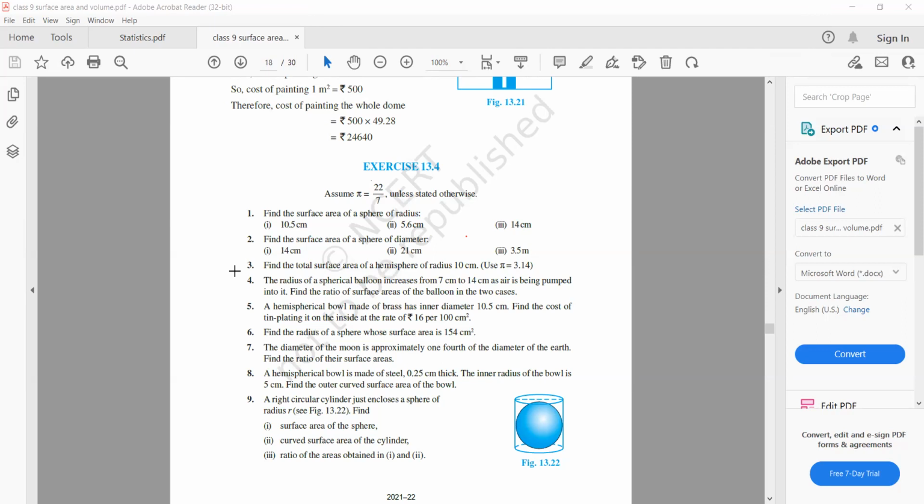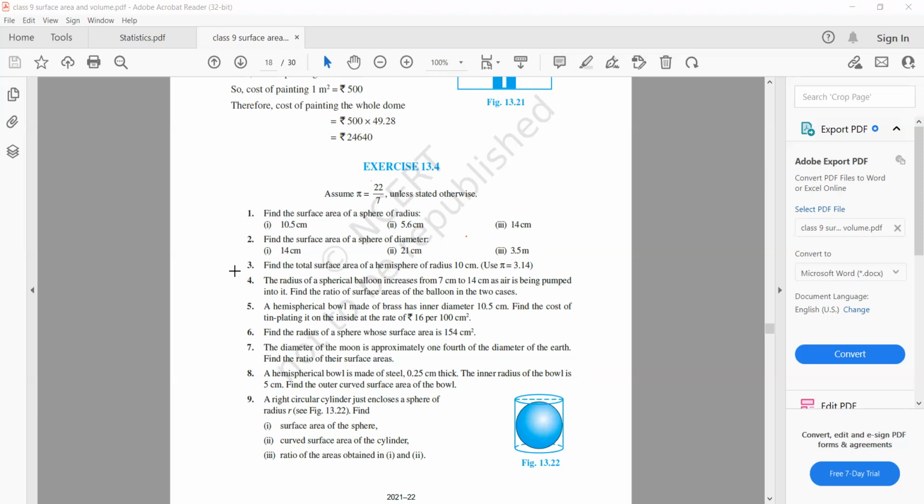Just mention the formula that the surface area of sphere is equal to 4 pi r square, right? So you can say like this, R1 is 7 centimeter and give it some other name, R2, which is 14 centimeter, or small r or capital R also you can.